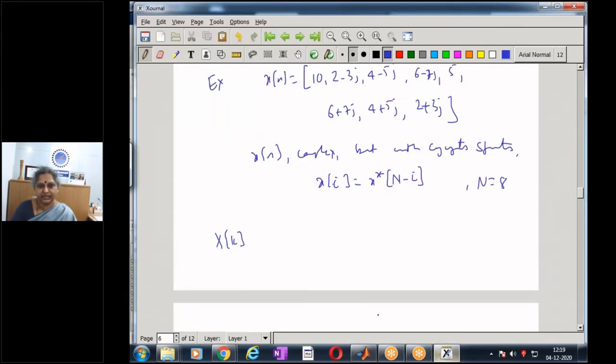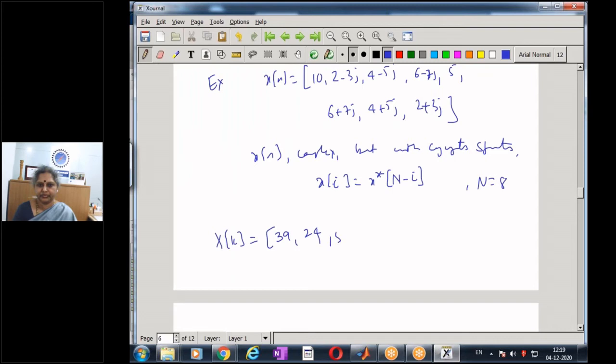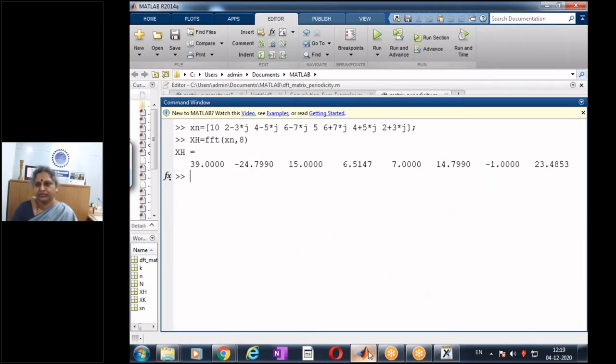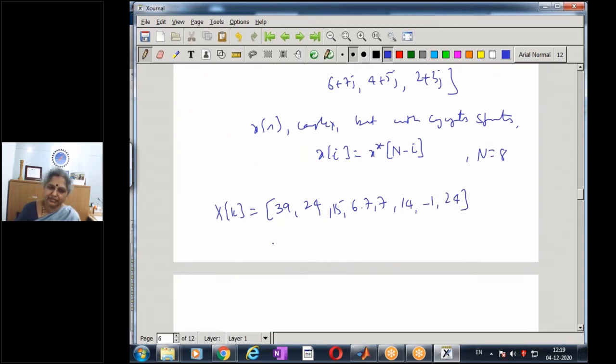So the values are 39, 24, 15, 6.57, 15, 6.57, 14 minus 1, 24. So in this case, we are getting our result as real.